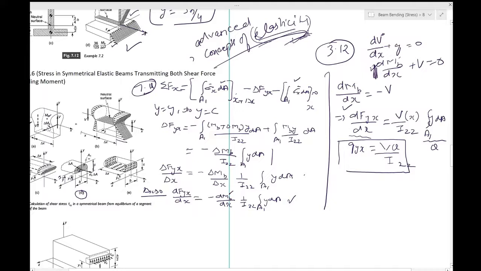So qyx is the total longitudinal shear force transmitted across the plane defined by y equal to y1, the plane which is below over here, per unit length along the beam, and it is called shear flow.